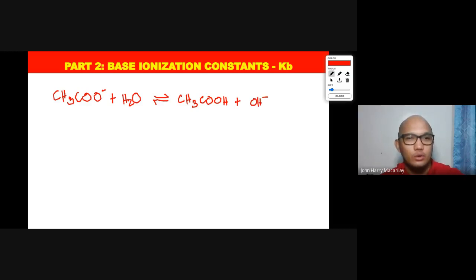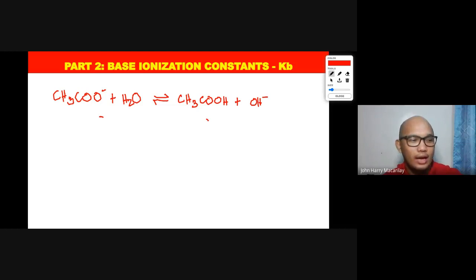Okay? So this will be your reactant and these will be your products, or this is your unionized and this will be your ionized. Right? So your water here will serve as an acid. It will donate its proton to the acetate ion to produce the conjugate acid, which is your acetic acid, and a conjugate base, which is your hydroxyl ion. So after water donates its hydrogen, it will produce the conjugate base.